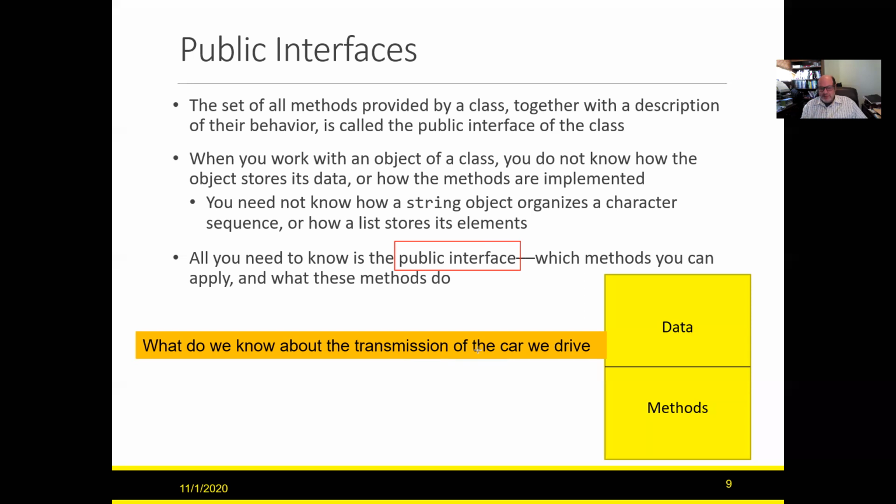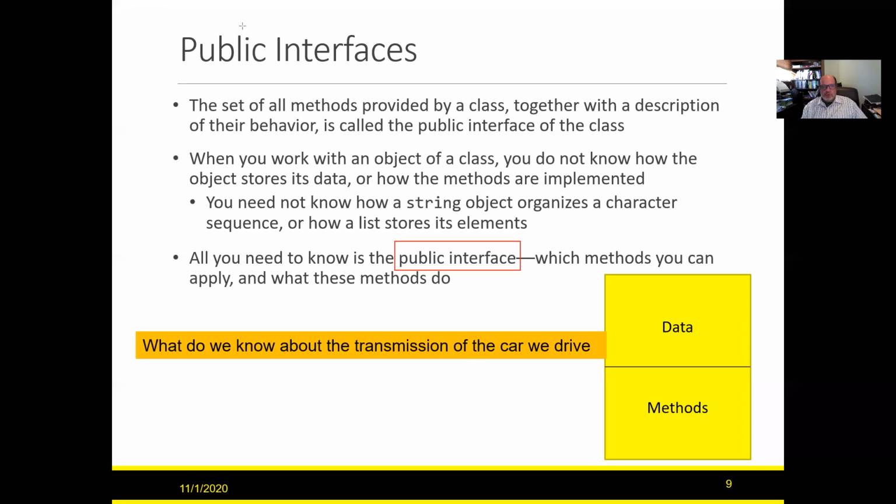All I know about the transmission of my car is there is a stick, and if I put it on D, it's going to go forward, if I put it in R, it's going to go backward, and if I put it in park, it's going to stay in place. So that would be the public interface of the transmission to the driver. They can use the transmission without knowing the actual detail of the transmission.